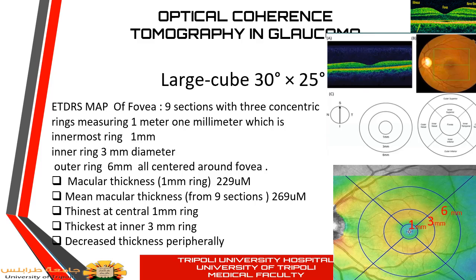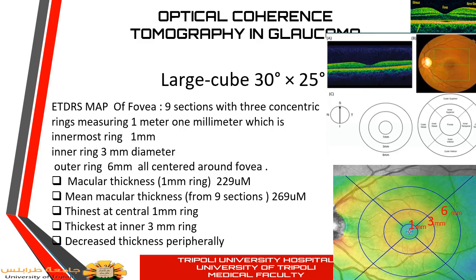Now, when we study this area with the OCT, it shows that the macular thickness within the first 1 millimeter ring averages around 229 microns. However, the mean macular thickness, by which I mean the average thickness of the macula within these 9 zones, is around 269 micrometers.